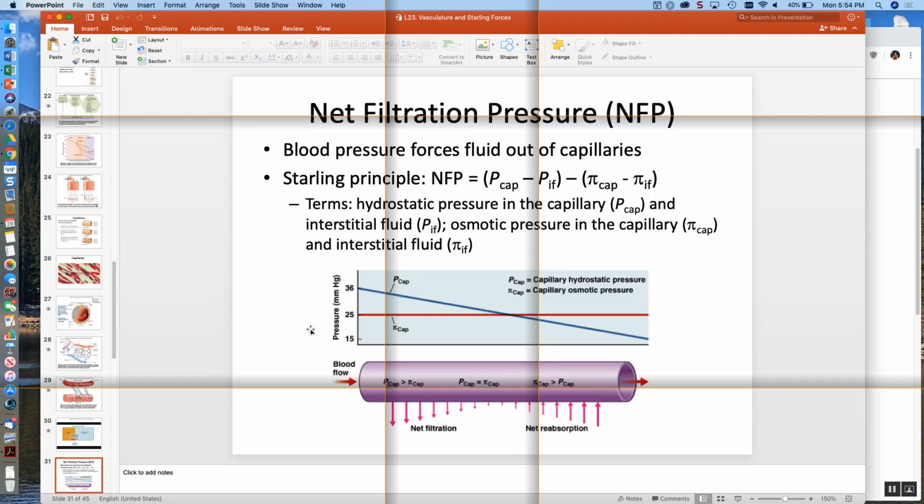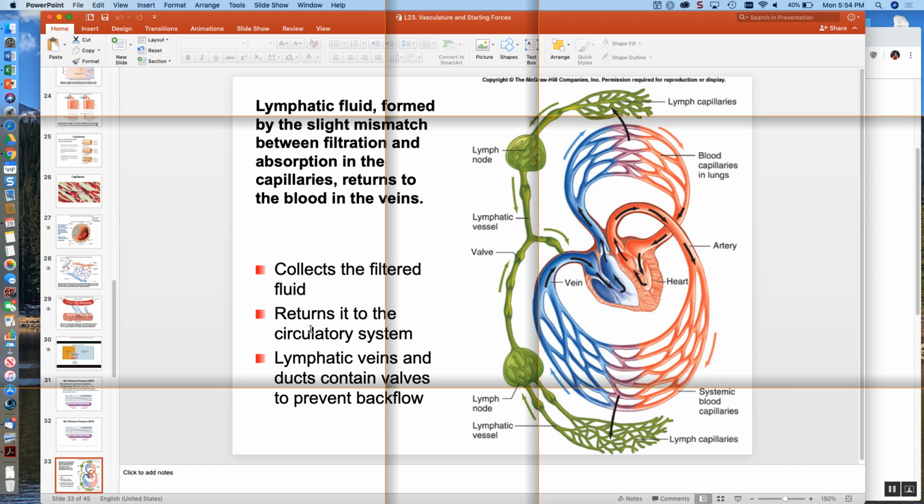The lymphatic system, one of the main roles is to return that last bit of fluid back to the circulatory system because there's a slight mismatch. You have more fluid that's forced out of the capillaries than you have fluid that's pulled in.